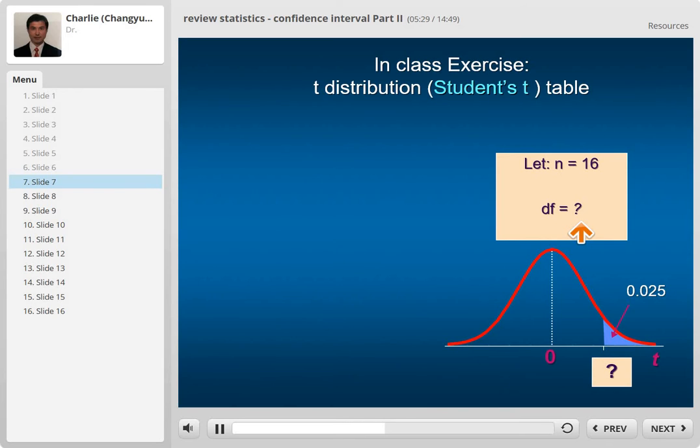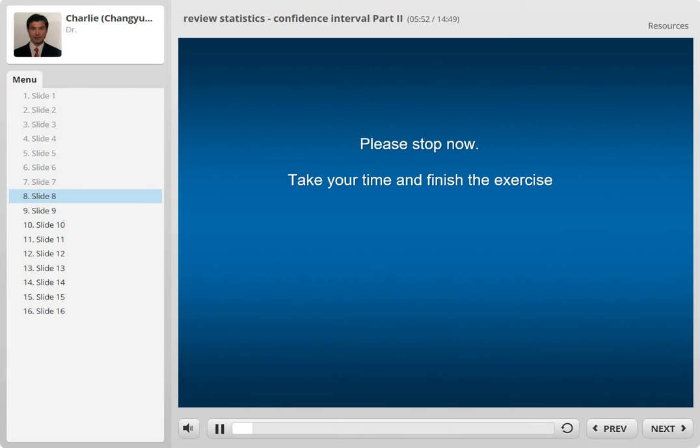Now, when we know the degree of freedom and the size of this tail here, which is the probability equal to 0.025, please find the value of this point in the t-distribution table. It's basically in the body of the table. Please stop now and take your time to finish this in-class exercise.